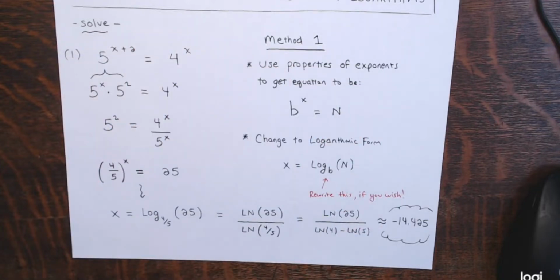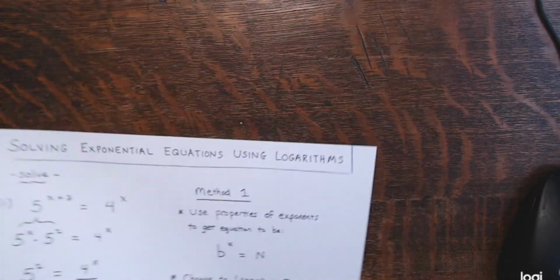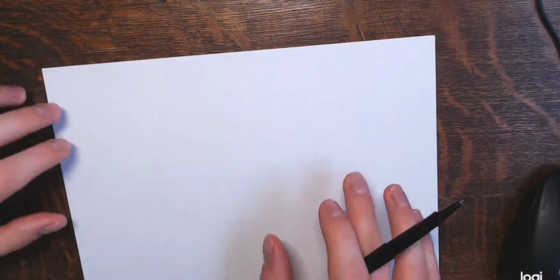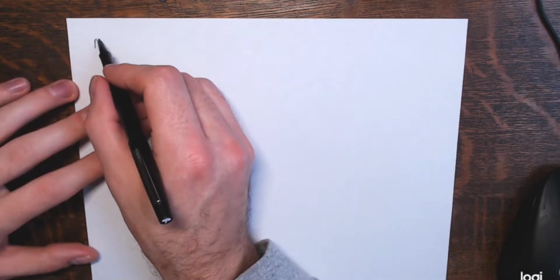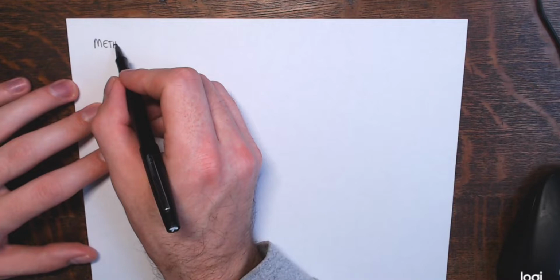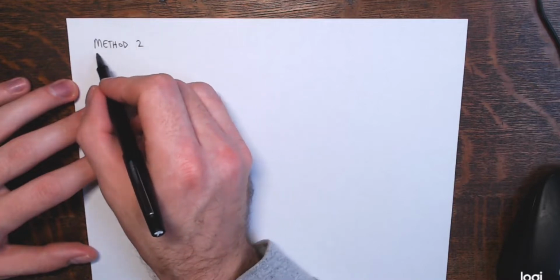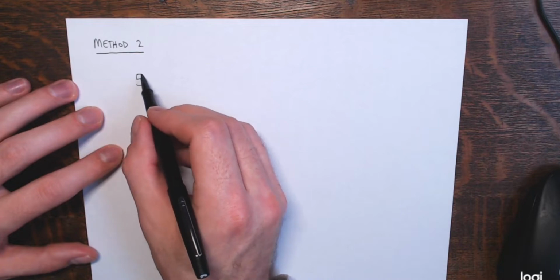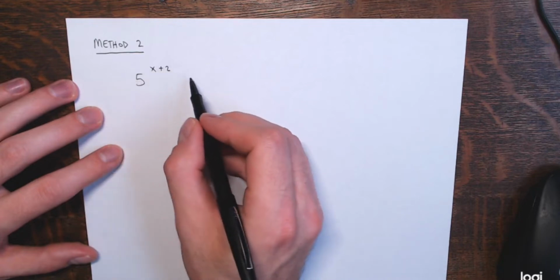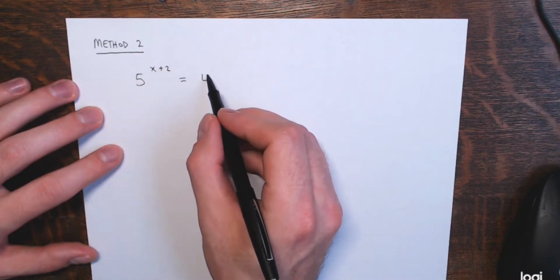Now, method 2 is just straight up using logarithms from the get-go, and then using some properties of logarithms. So it's the same example, but I'll do it another way. Method 2, we had 5 to the x plus 2 power equals 4 to the x.